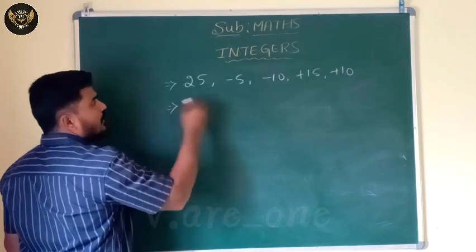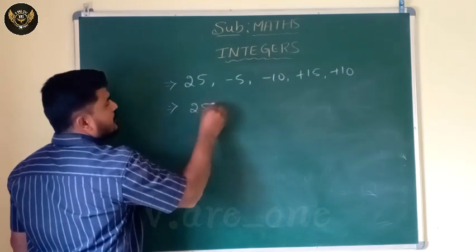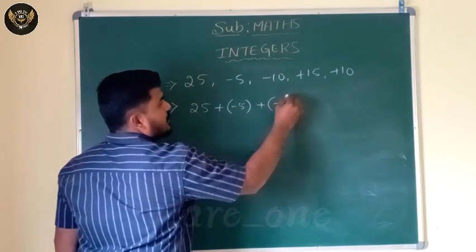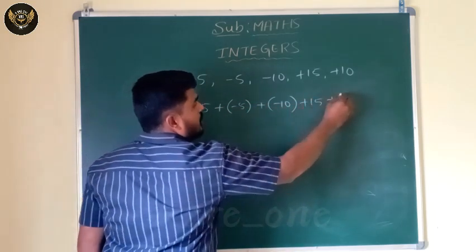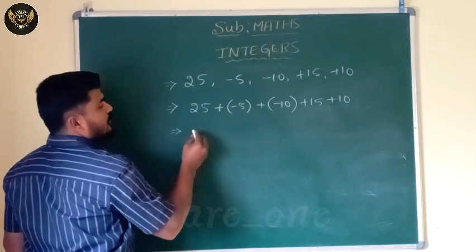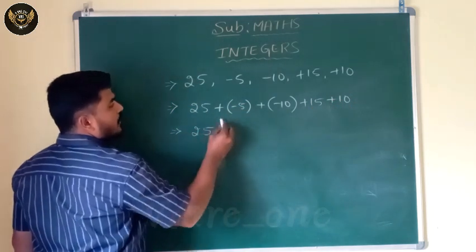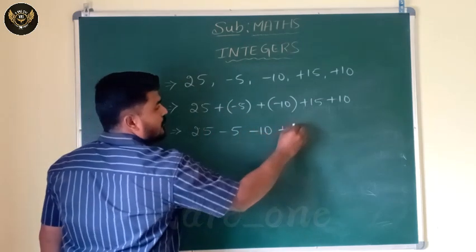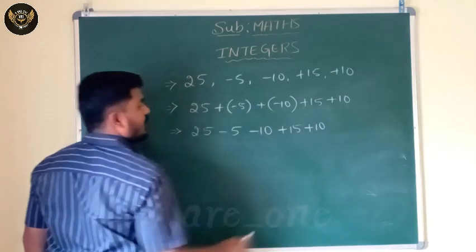So if you add all these numbers, 25 plus -5 plus -10 plus 15 plus 10. We have two signs on a single number, so we have to simplify that first. 25 plus into -5, -10 plus 15 plus 10.